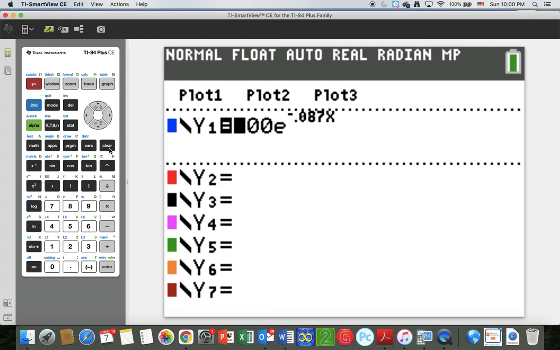We didn't do that because I wanted to do it on here. So we're going to go 6 divided by 1 plus e to the negative, parentheses, 5.085 minus 0.1156x, close parentheses, close parentheses.